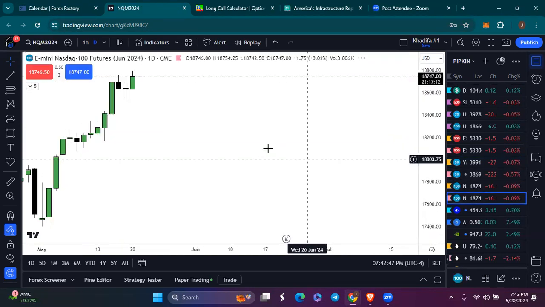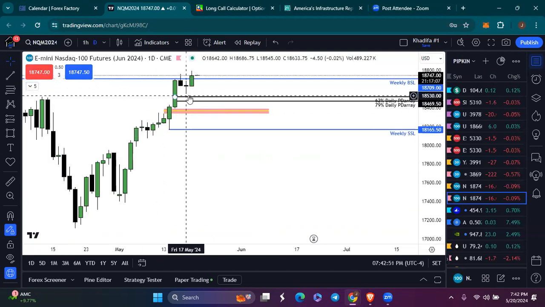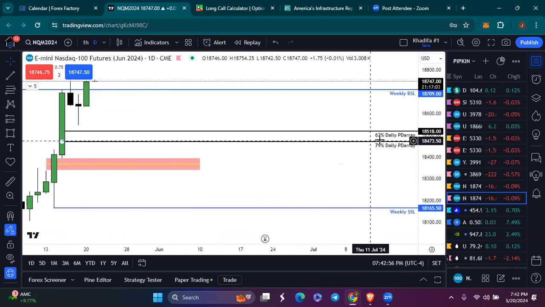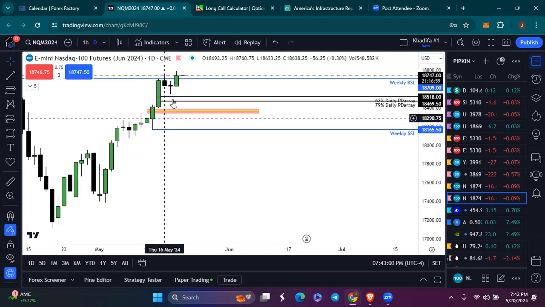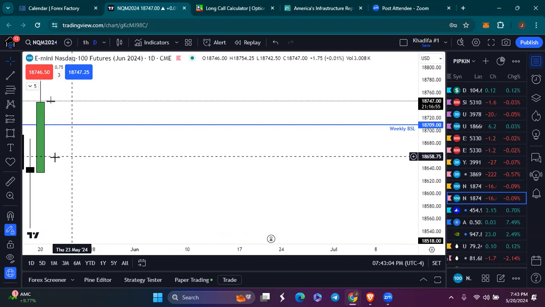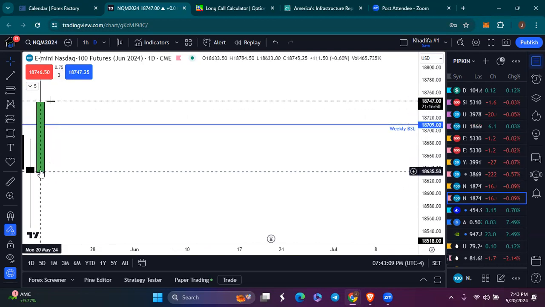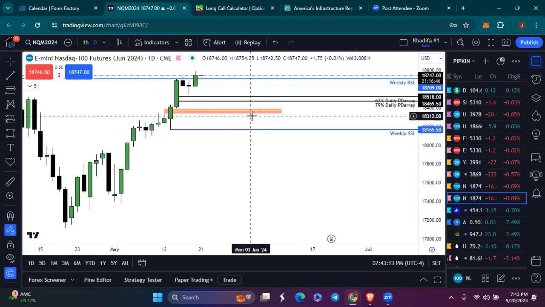Now with NQ, NQ is looking very aggressive to the upside, right? And we did get a nice, decent pullback down to those Wednesday discount PD array levels. And then today gave us a nice bullish candle to the upside. So I will be looking for NQ to pull back down into the discount PD array of today's candle and continue higher.